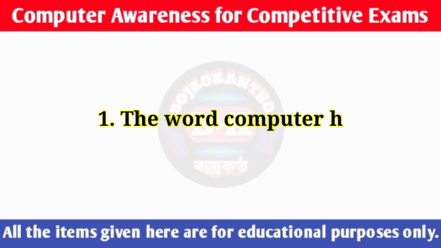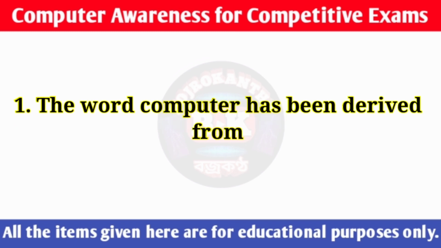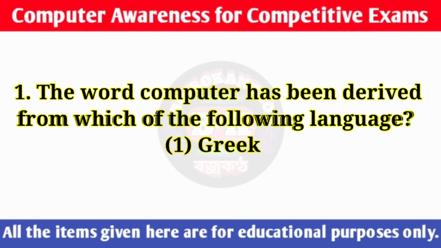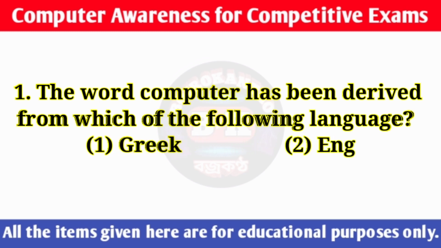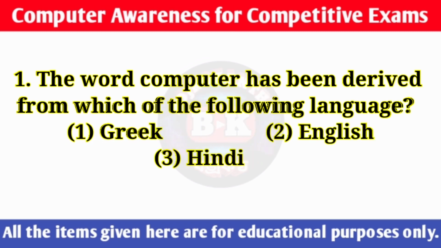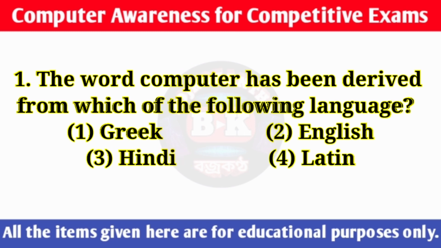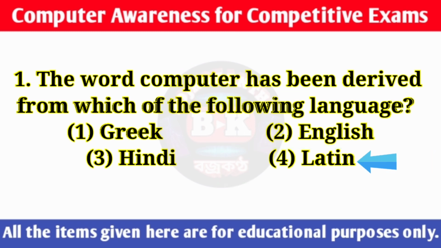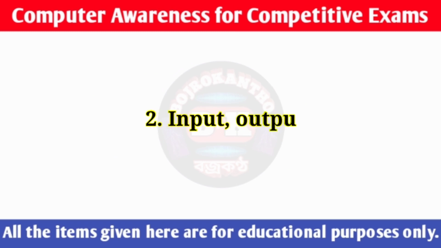Question number 1. The word computer has been derived from which of the following language? Option number 1 Greek, option number 2 English, 3 Hindi, 4 Latin. Friends, the correct answer is option number 4 Latin. Question number 2.